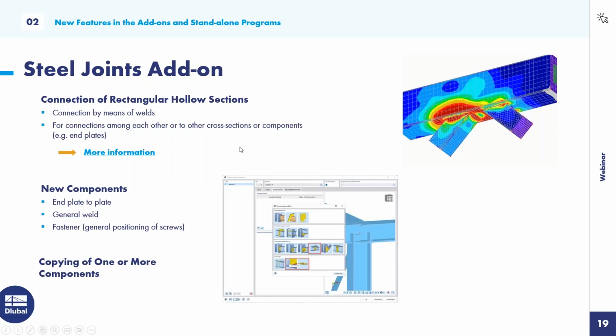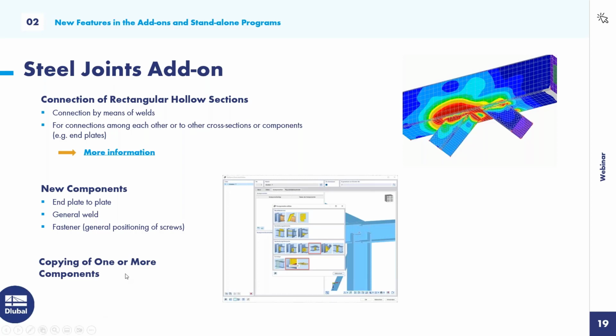New in the Steel Joints add-on is the connection of rectangular hollow sections. You can see that on the right side. They are connected via welds. Then there are new components: end plate to plate, the general weld, and the fastener, which means you can assign a general positioning of screws.